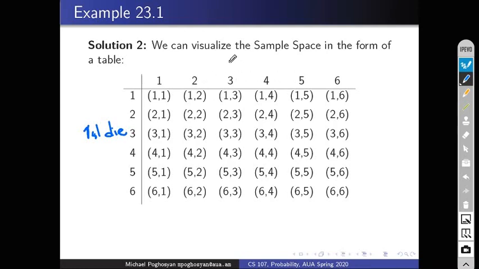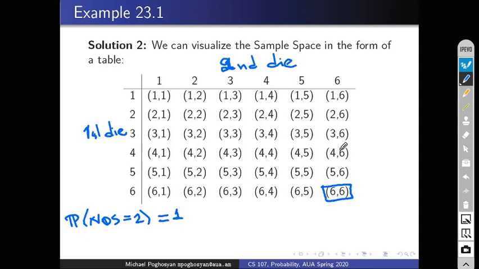These are the possible results of second die. And to calculate the probability of having exactly 2 sixes, number of sixes is exactly equal to 2, only in this case we will have exactly 2 sixes, and this is 1 over the total number of outcomes, 36. Again, we are dealing with equiprobable case.